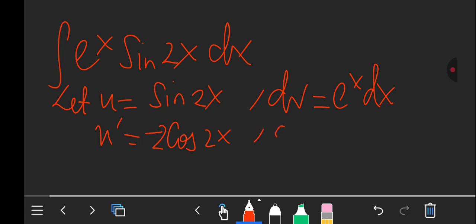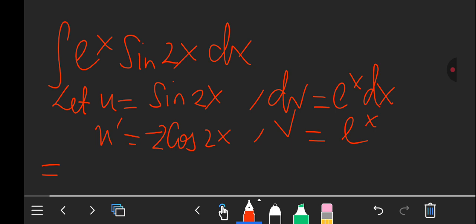Then I'll integrate my dv, which is e to the power x. The integral is still the same, so it will be e to the power x.